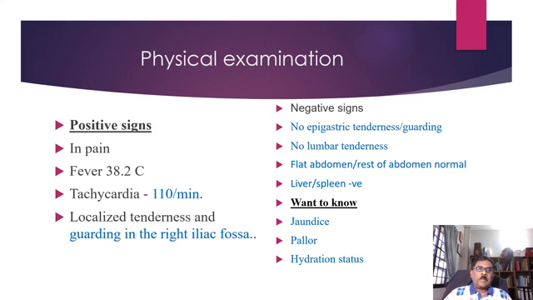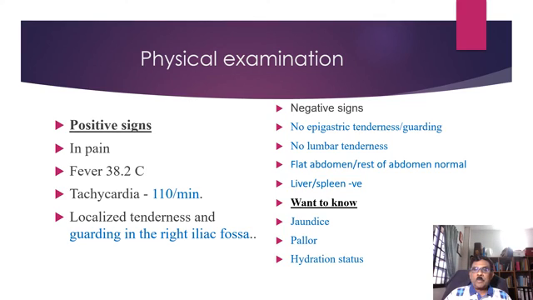Again, after the physical examination, we have listed here the positive signs: patient in pain, fever, tachycardia, localized tenderness in the right iliac fossa, and guarding in the right iliac fossa. Negative signs were no epigastric tenderness or guarding, no lumbar tenderness, flat abdomen.